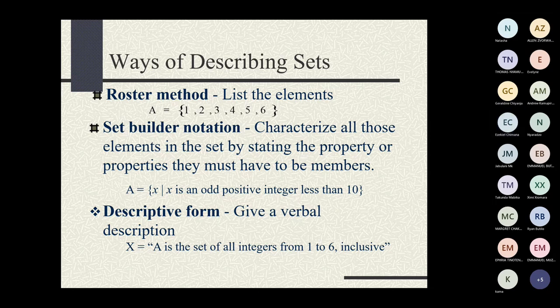So what are the ways that we can use to describe sets? There's what we call the roster method, which I'm sure is the easiest way, and the one we are mostly used to. This one lists the elements inside curly brackets.